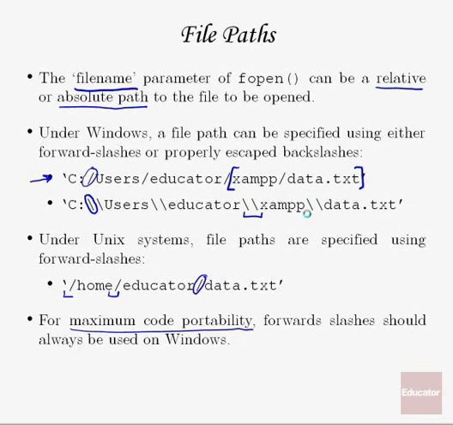Now that said, if we had instead used the backslash character to specify the path, and here I'm eliminating the escape character, now if we move our application to a Linux system, it's not going to be able to find that file in a relative path because of the backslash character.